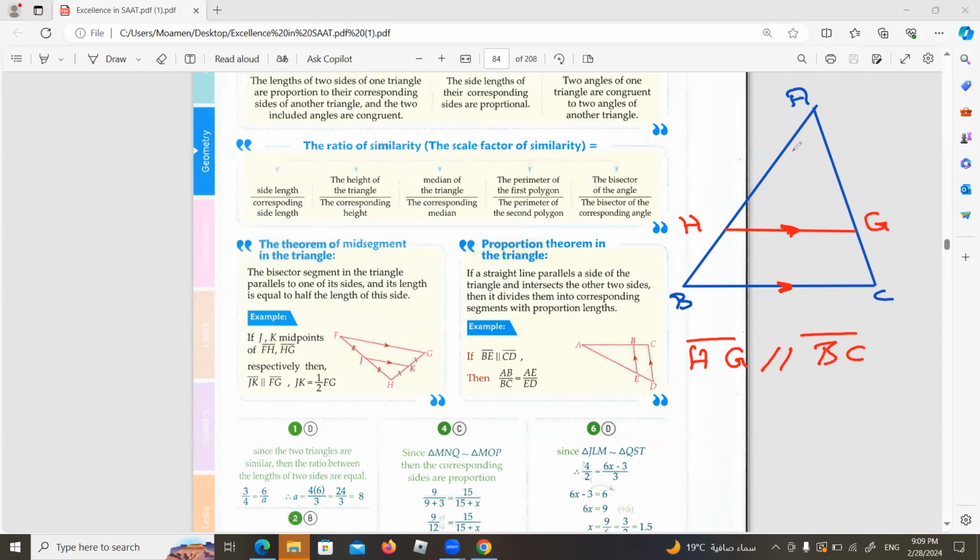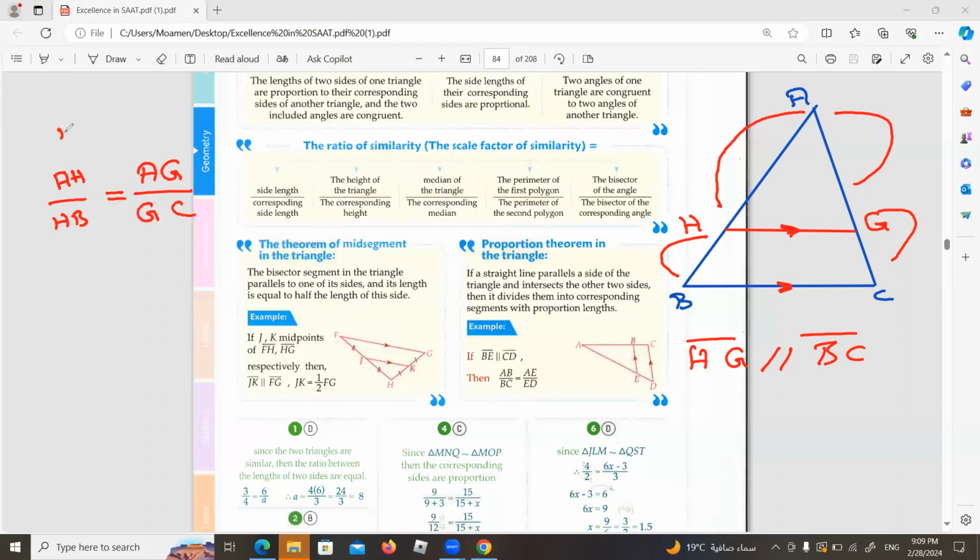How? It means AH over HB is equal to AG over GC.